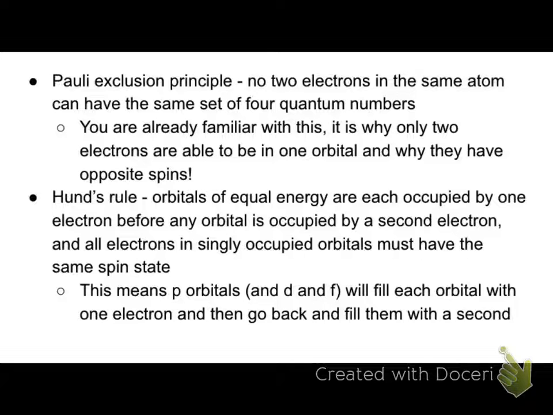Okay, the same thing is happening here. There's 3 p orbitals. If you have 3 electrons, there's no reason to shove 2 of them into one orbital when there's 3 empty orbitals, right? All of the same energy level. This doesn't apply when the orbitals are of different energy levels, because remember, we're always seeking the lowest energy level, right? But when they're all the same energy level, if they're all empty, might as well put 1 in each before we cram 2 into one orbital.